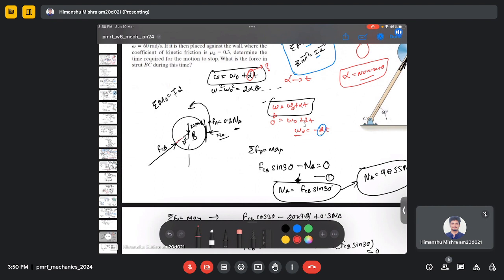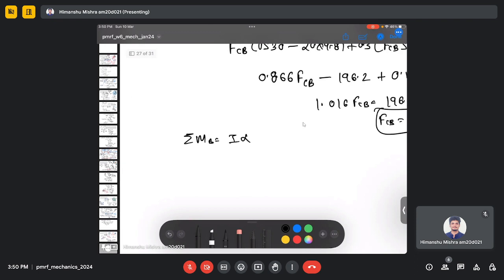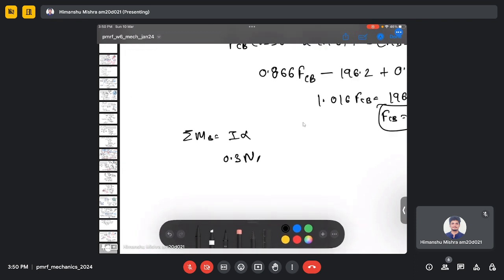For example, the weight is in the line of action at B, N is in the line of action at B. So these forces will not contribute. F is not in the line of action, so it will contribute. So this is my force at a distance of 0.15. This is my moment of inertia multiplied by alpha.